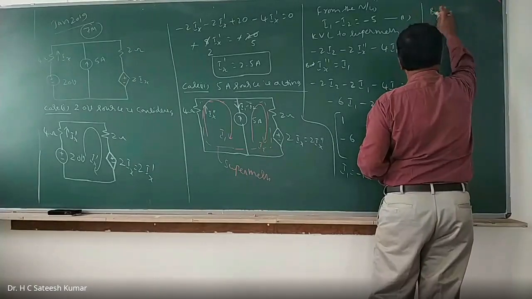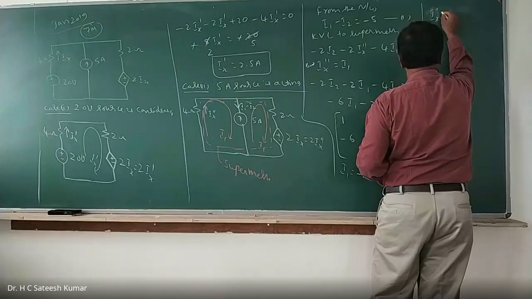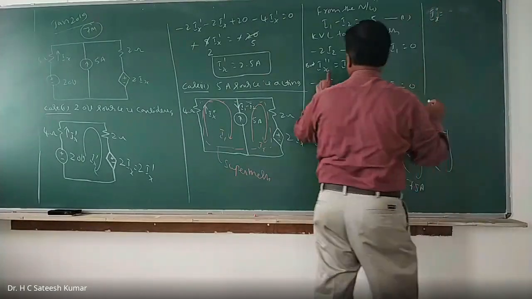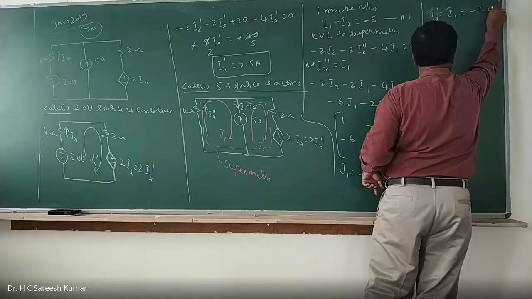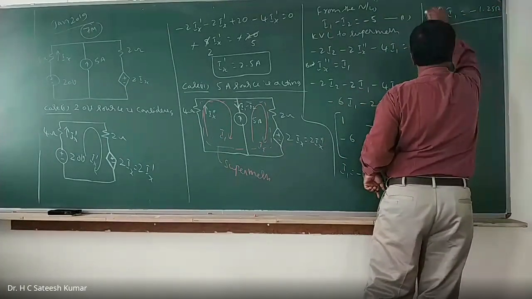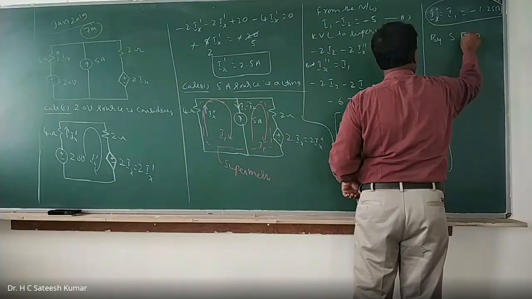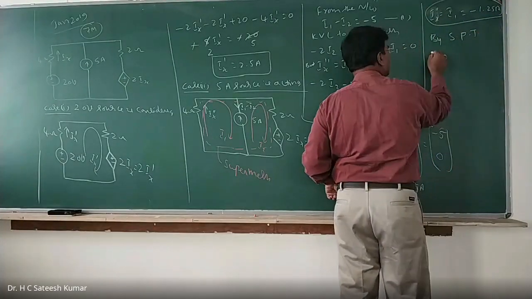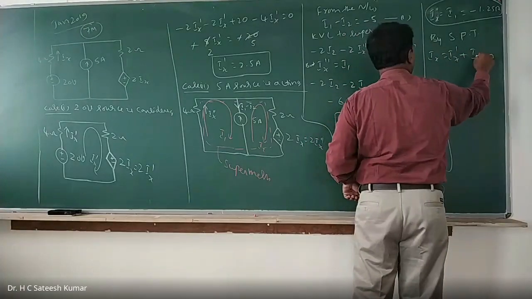So what is Ix double dash? Ix double dash is equal to I1, which is equal to minus 1.25 amps. So we got Ix double dash by superposition theorem. Ix is equal to Ix dash plus Ix double dash.